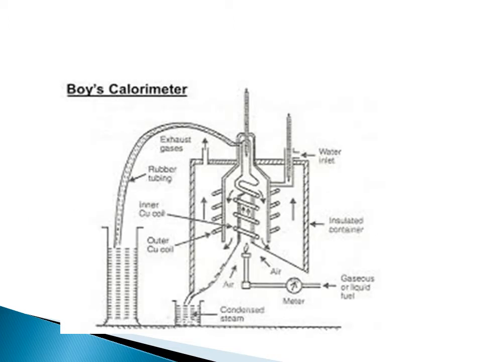Now we will see the working of this Boy's gas calorimeter. First of all, to get stable conditions, water is circulated through the water inlet. Then the temperature at the inlet and outlet of water is observed. If these two temperatures are the same, only then can we start the experiment.